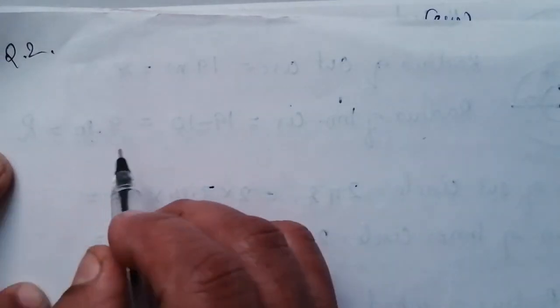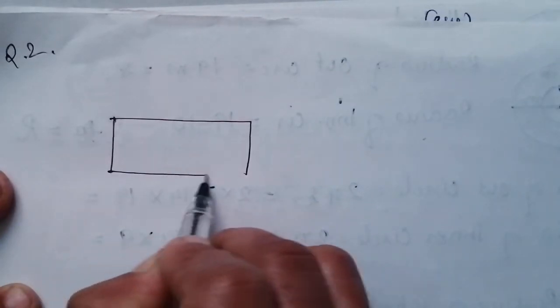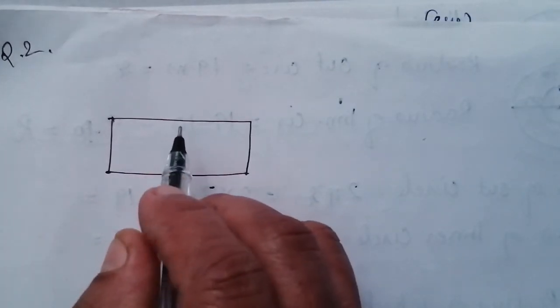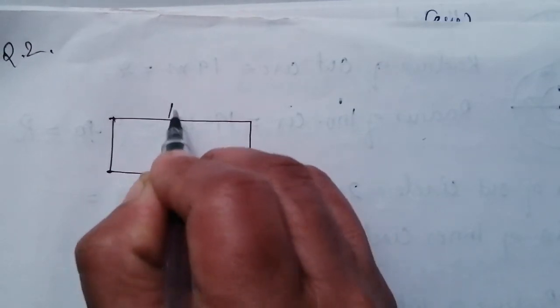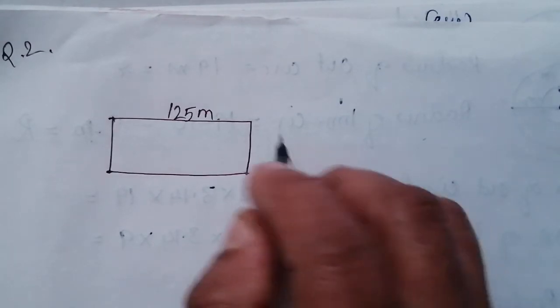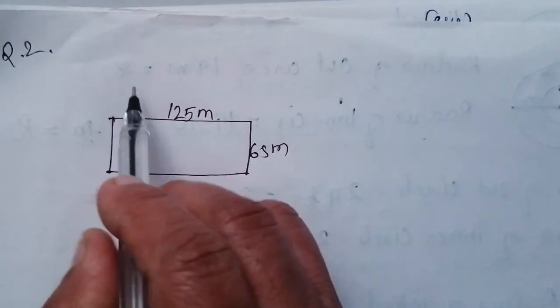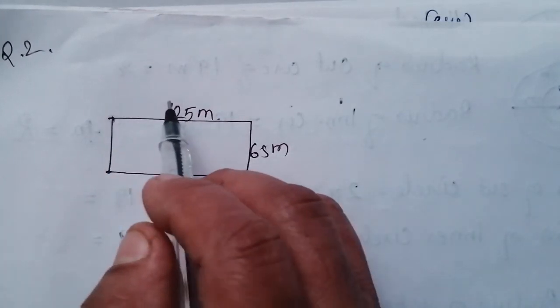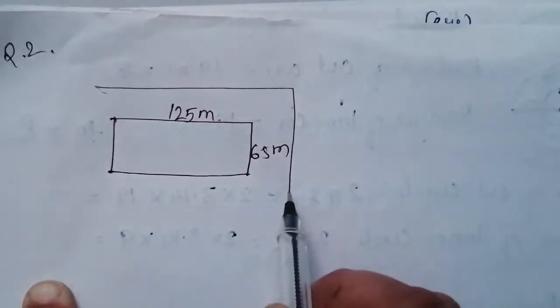Here they have given one garden. If you make a rough sketch, then it will be clear to you. Now here, see, the length of the garden park is 125 meter, and the breadth is 65 meter. And here the wide path is given outside it.